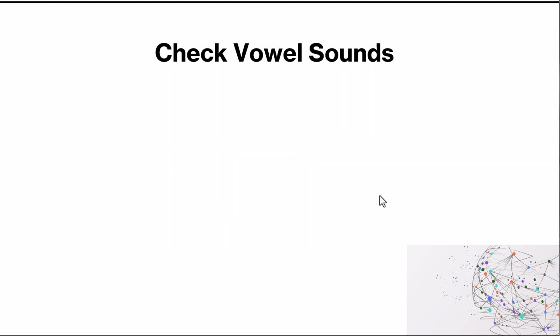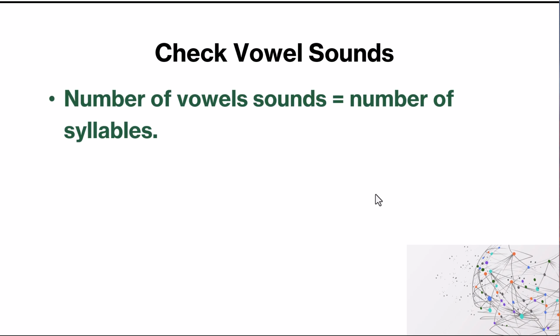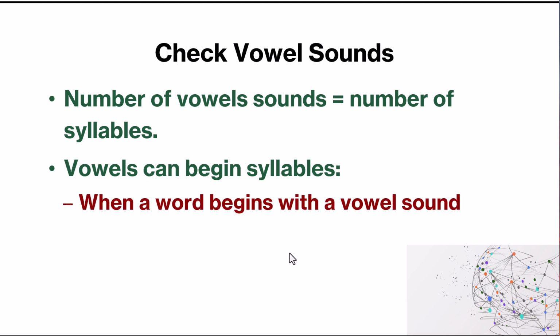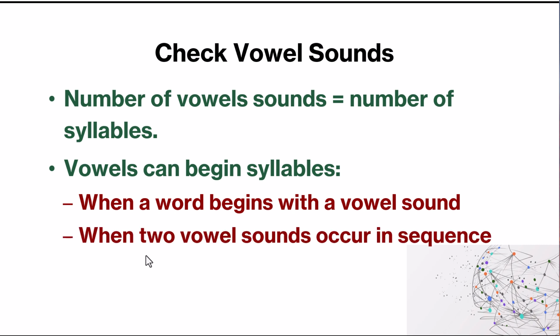First we check the vowel sounds. The number of vowel sounds equals the number of syllables, as we said before. Vowels can begin syllables, so when a word begins with a vowel sound, or when two vowel sounds occur in sequence. Here's an example. Anamia.